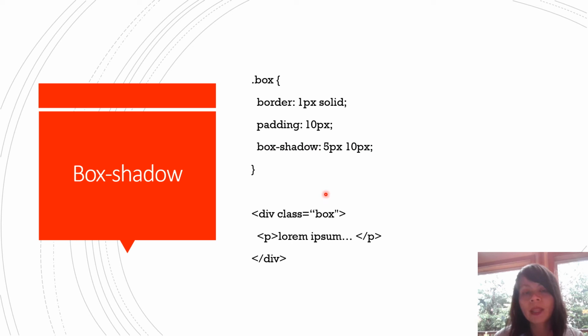Okay, the next is the box shadow. For the box shadow, you need to define a border first. And you always go 1 pixel solid. And then you have a padding. Then you have a box shadow.